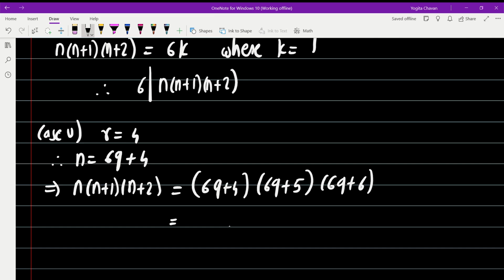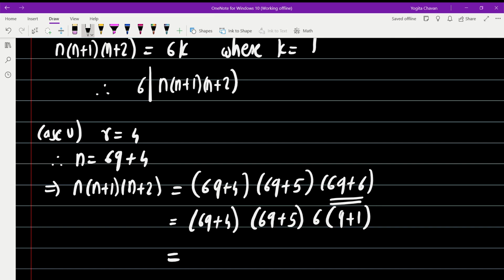Now take 6 common from the last term. So the first two terms as they are: 6q plus 4, 6q plus 5, and this is 6 in bracket q plus 1.